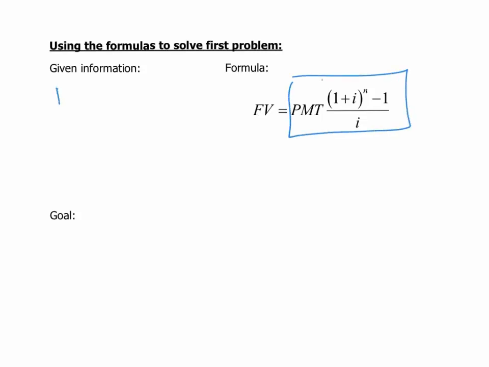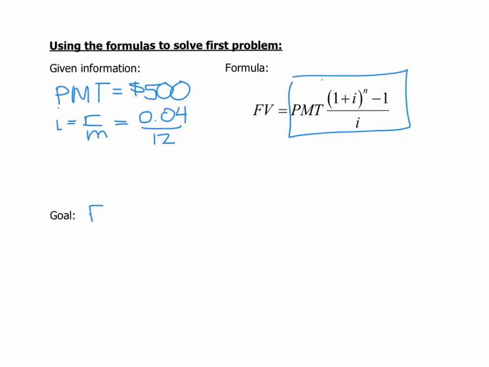Our payment was our $500, the amount that we're depositing each month. Remember, our I is R divided by M, and our interest rate was 4%, compounding monthly, so R divided by M is 0.04 divided by 12. Our goal is our future value.